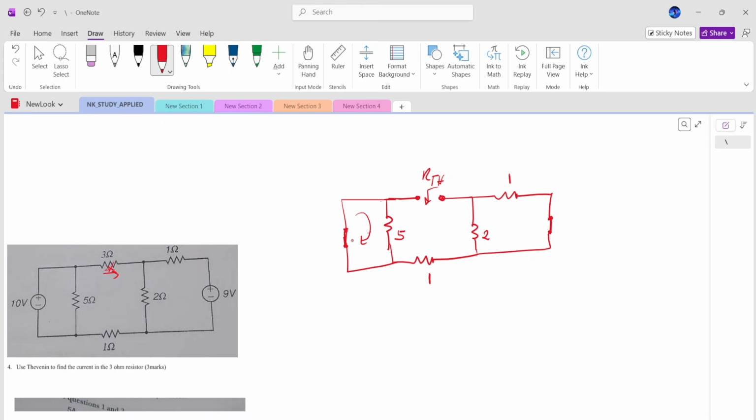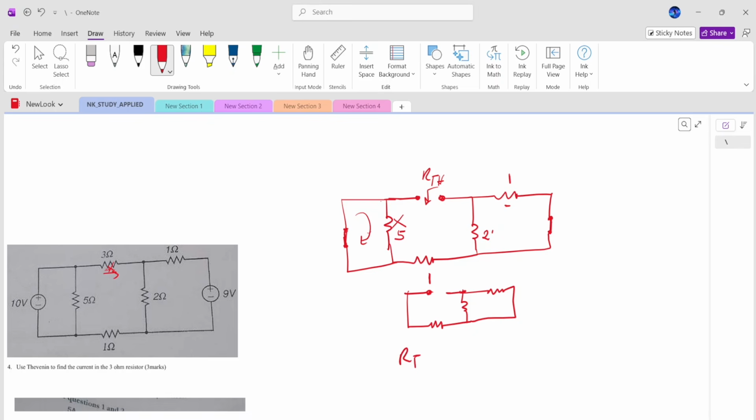These two are a short circuit and a resistor, so we know this will not form part of the equivalent because it's shorted out. So we are going to have something like this, right? But it means when I look at this 1 and 2, they are in parallel and it will be in series with the 1 here.